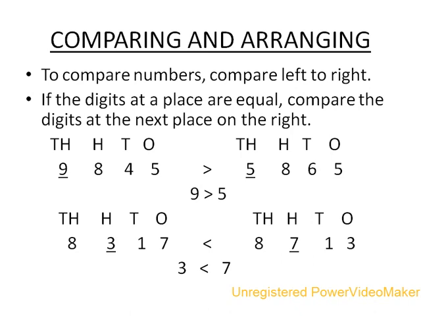Here the numbers are 3 and 7. So we can easily say that 7 is greater than 3. So 8713 is greater than 8317. In this way we can compare 4-digit numbers, and we can also find out which number is largest and smallest among the group.